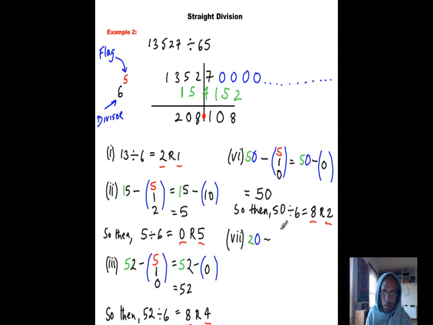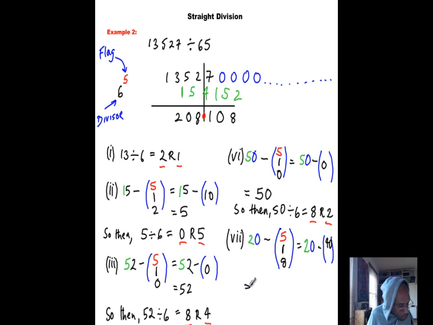Take away in parentheses. Make that blue parentheses like that. We've got red 5 on the flag, and a 8 at the bottom, and that's equal to 20, take away 5 times 8 are 40. So we've got 40 in the parentheses.